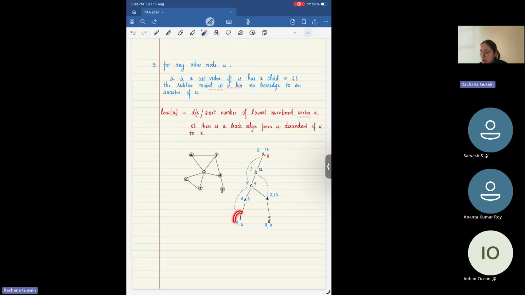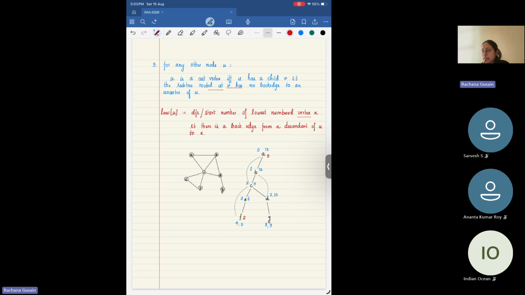So what is the low of F? 2, right? There is only one back edge coming from F. It is taking me to node C whose start number is 2. So low of F is equal to 2.